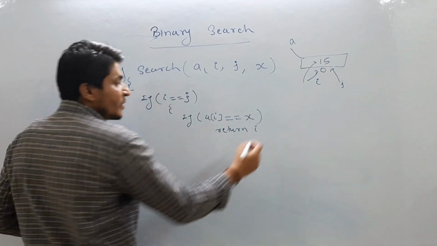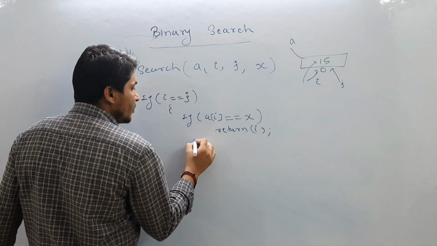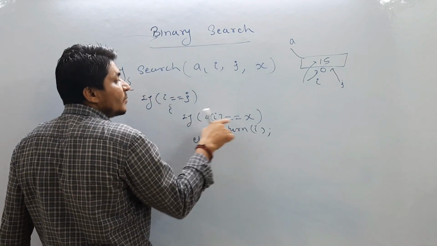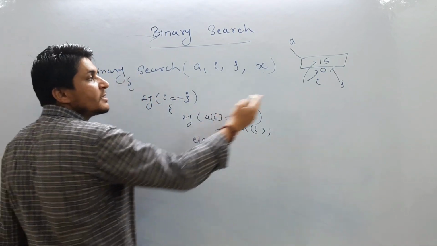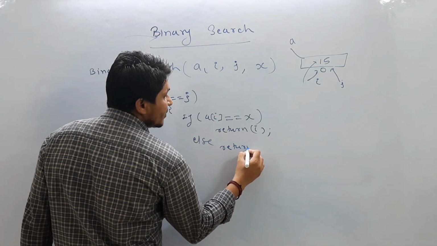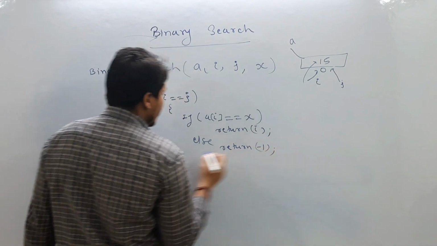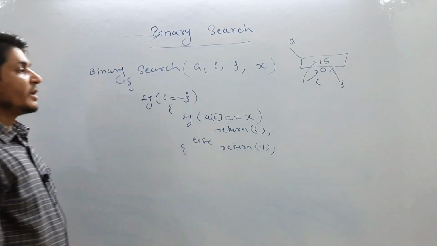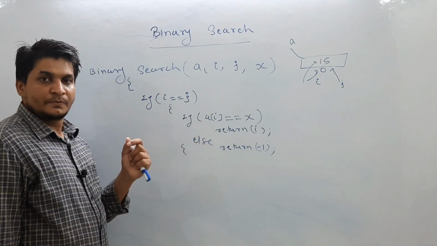Else, both are not equal, it means that element is not available, so return -1. -1 indicates element is not available. So this is the one element condition.